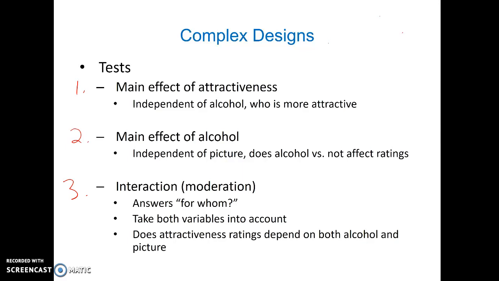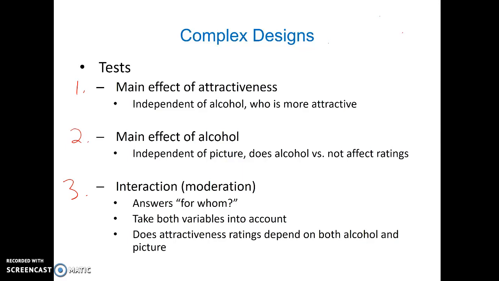Right? So what you guys have to understand is that we have to be able to identify these things. And remember, for every variable that you have, every independent variable, you test a main effect. And the interaction is going to be how many independent variables you have interacting together. All right? So if we have two independent variables, that's one interaction.